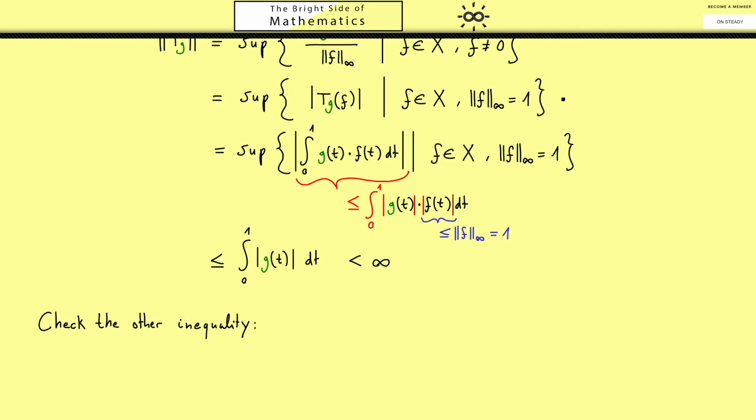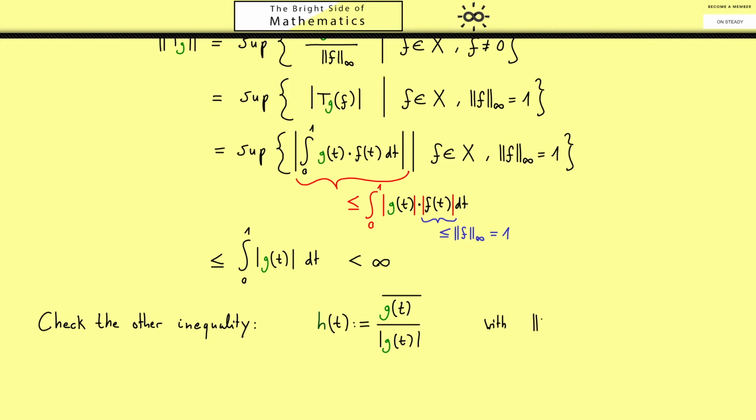However, then we can't use this line here, because here we need that the supremum norm of the function we put in is exactly 1. But of course you know we could change the function g in such a way just by dividing by the absolute value of g. So let's call this function h, and I also want to add a complex conjugation here, which will be helpful later.